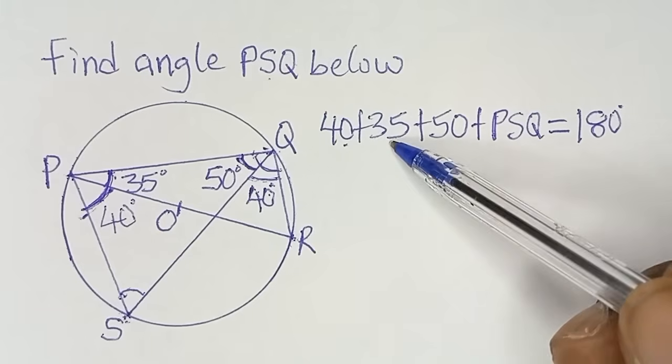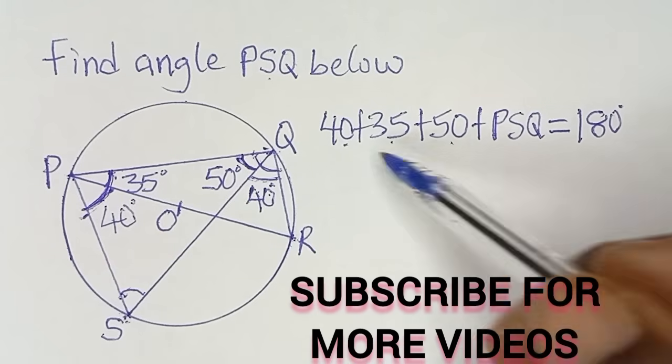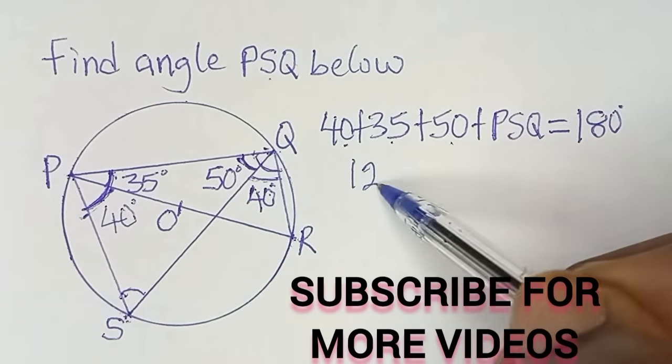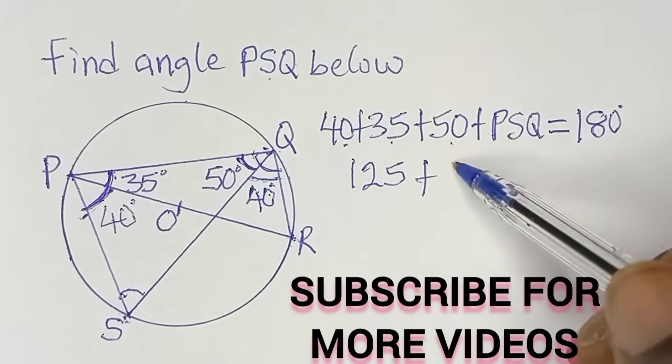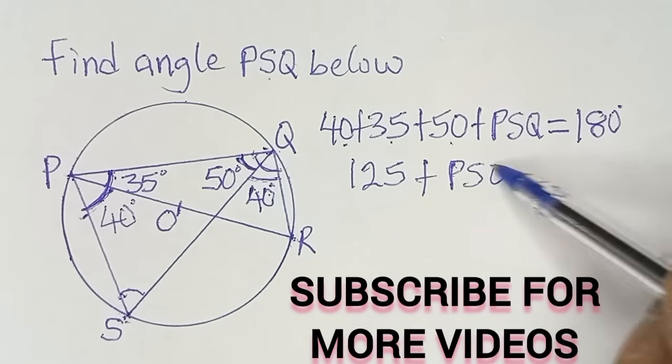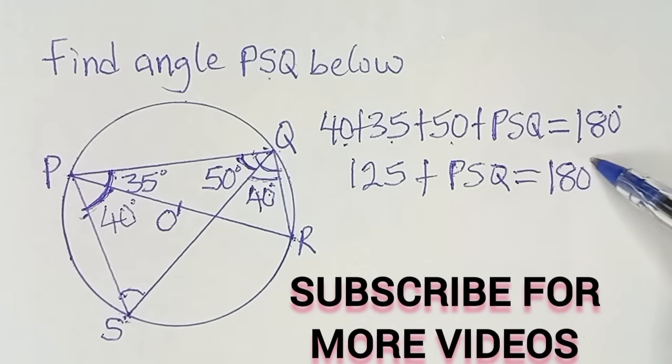So 40 plus 35 is 75, 75 plus 50 is 125, then plus angle PSQ, and everything should equal 180 degrees.